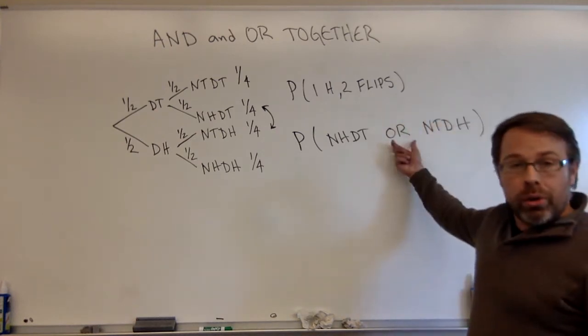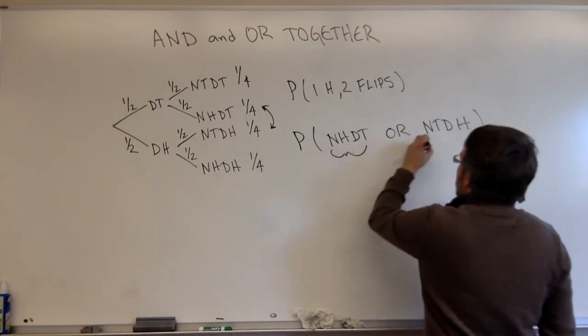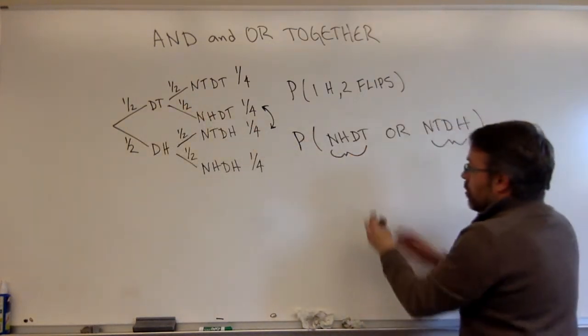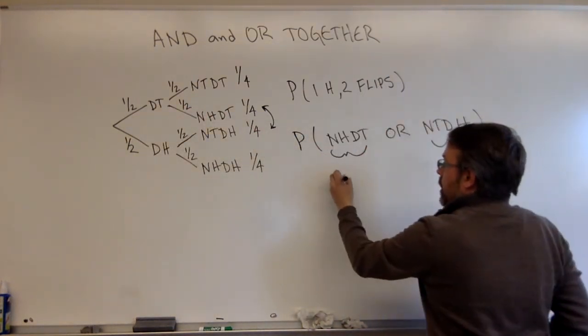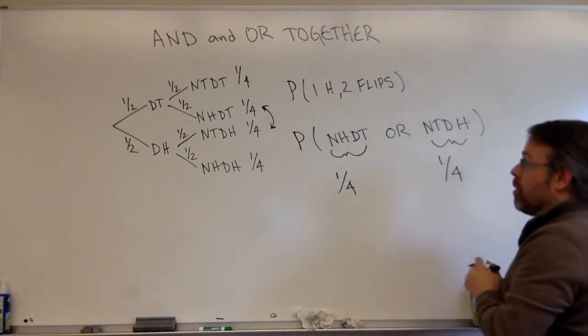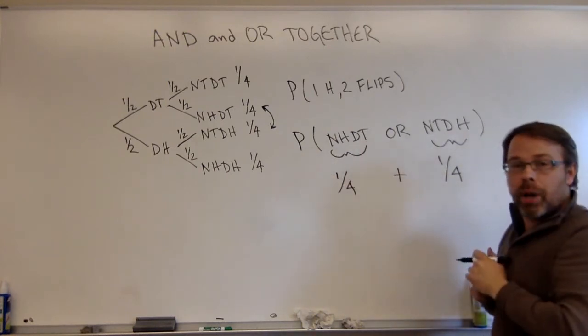So we're going to use OR to sum these things, but first we have to get these 2 individually. So we get each one of these by multiplying, right? So we're going to use times to get this one, and we get 1/4. We're going to use times to get this one, and we get 1/4. But we're going to use plus to get the probability of both of them.